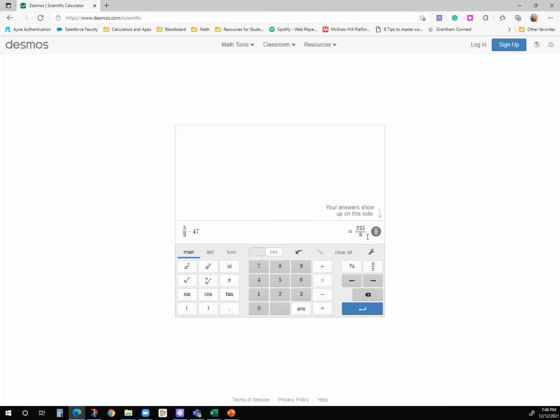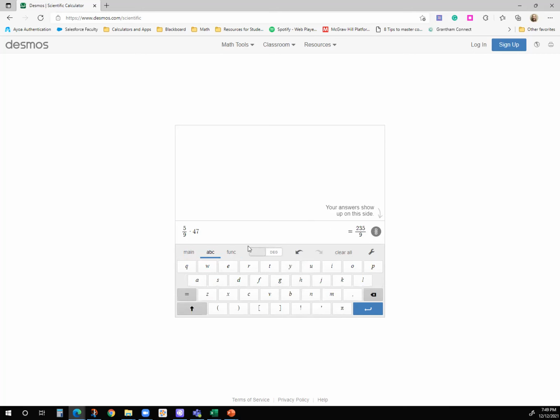So if you're not good at fractions, the TI-30XS that I have can also do fractions, but Desmos does it easier than my hand calculator. So this calculator does everything you need. It's got absolute values, it's got exponents, it's got square roots, it's got pi.